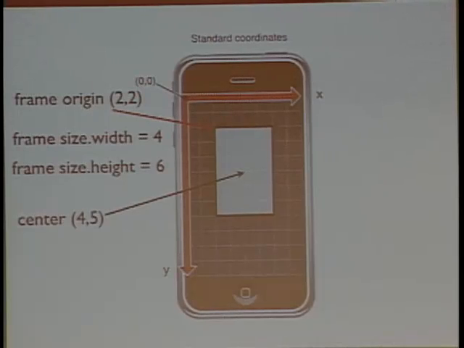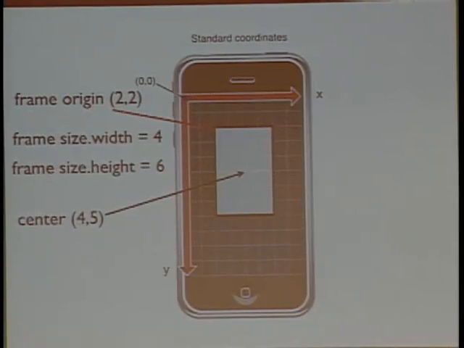So right now we haven't done anything fancy, we've just got these red axes, and it just so happens that what we're calling the frame origin for this white rectangle happens to be 2, 2.